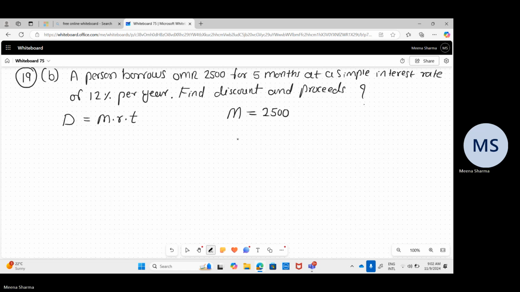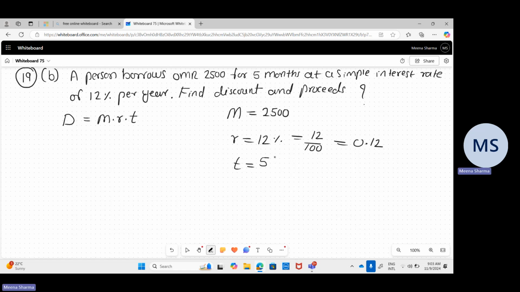Here the rate of interest is 12%, so we use percentage divided by 100, so it is 0.12. And time is also given there, which is 5 months.